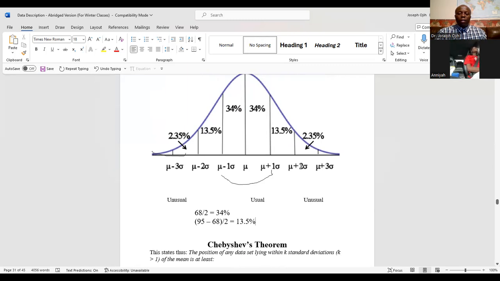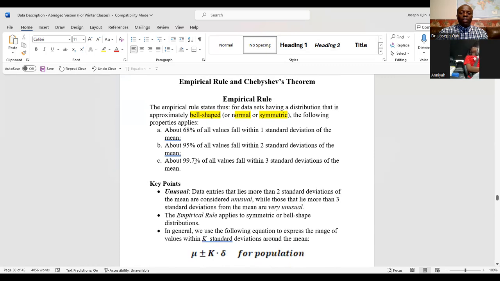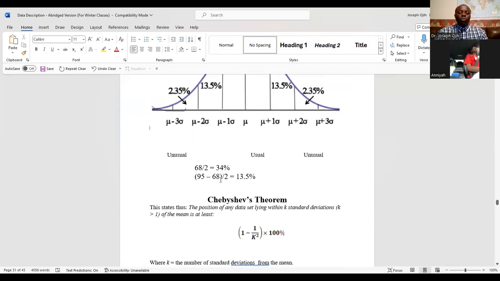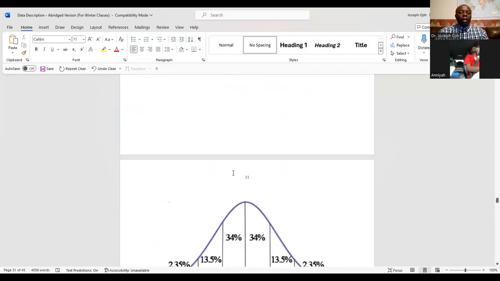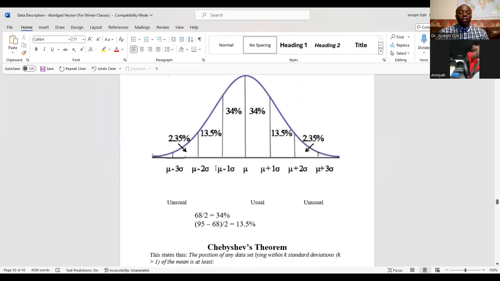And then for three standard deviations, it is 2.35% on each side. According to the empirical rule, about 99.7% of all values fall within three standard deviations of the mean.